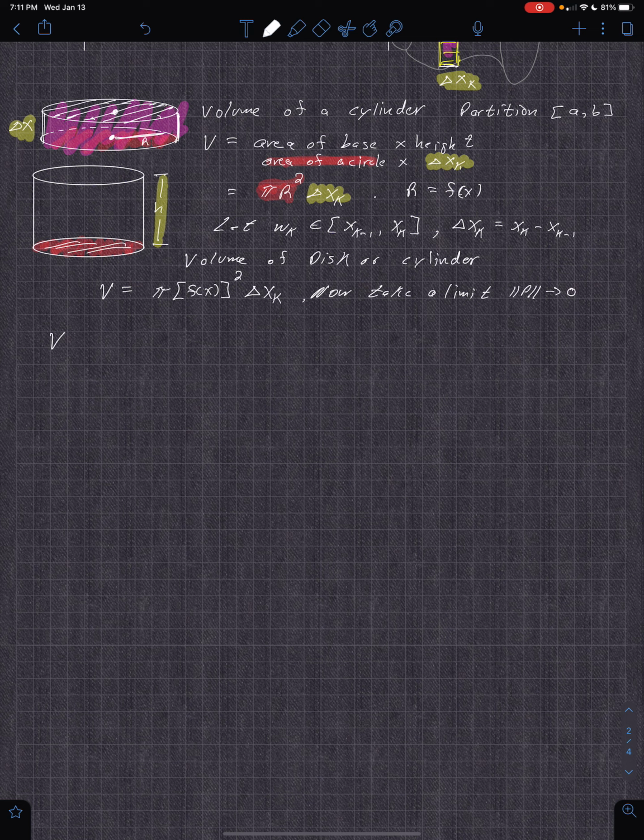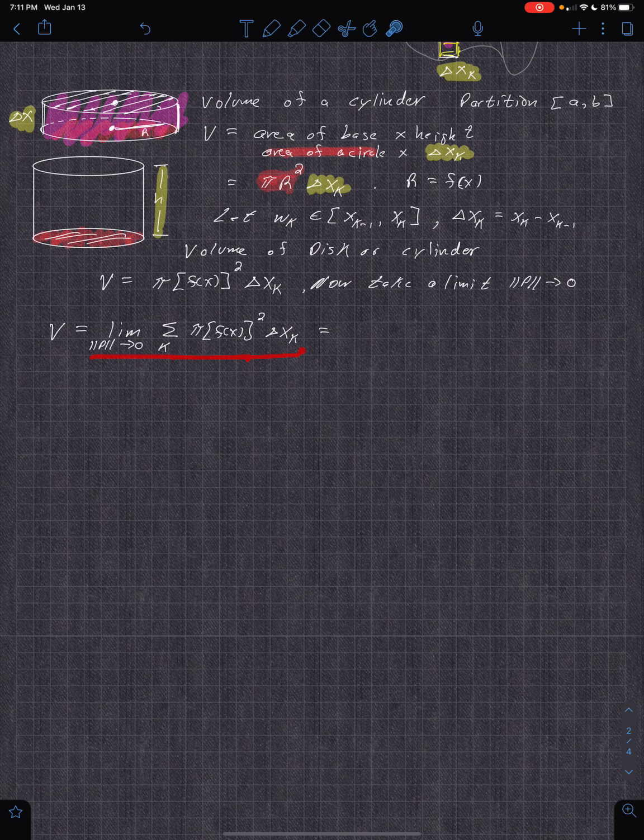We get a formula. Now I don't want you to memorize the formula. I want you to know the formula. So it's the limit, the norm of the partition approaches 0, of the sum over all the k's, or you add up all those little slivers. The slivers are pi f of x squared delta x sub k. And that is the definition of a Riemann sum.